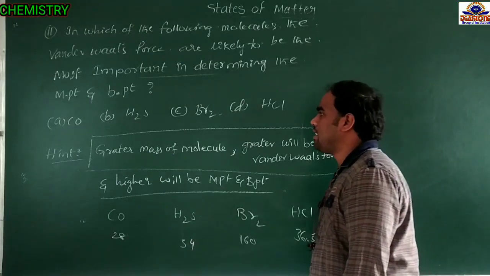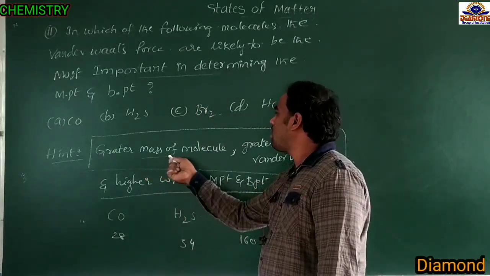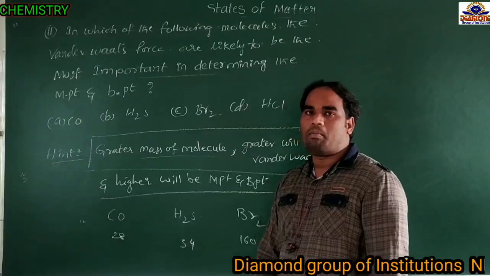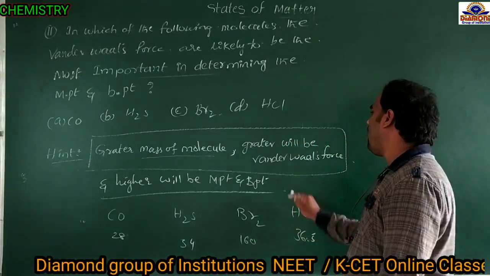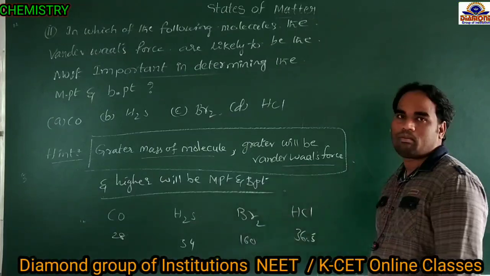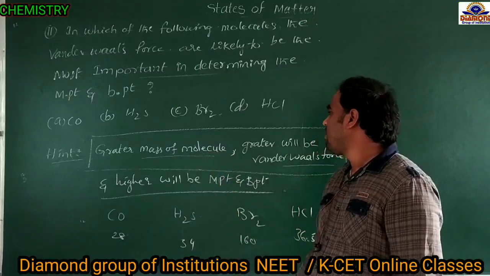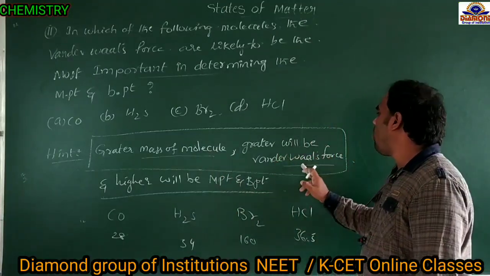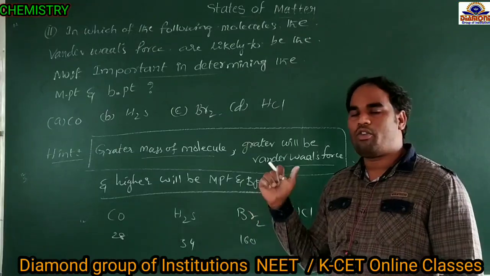So here, what is the hint for this question? Greater mass of molecule. If the mass of a molecule is more, then the van der Waals force is also more.